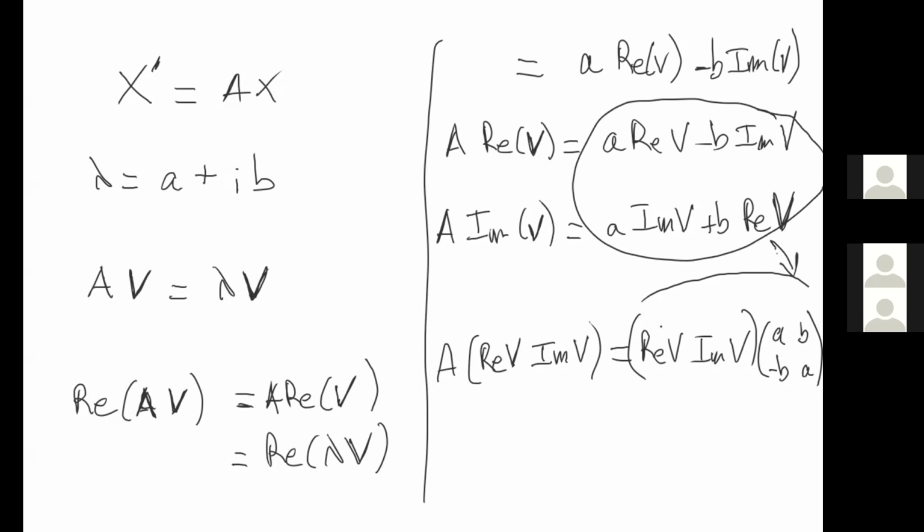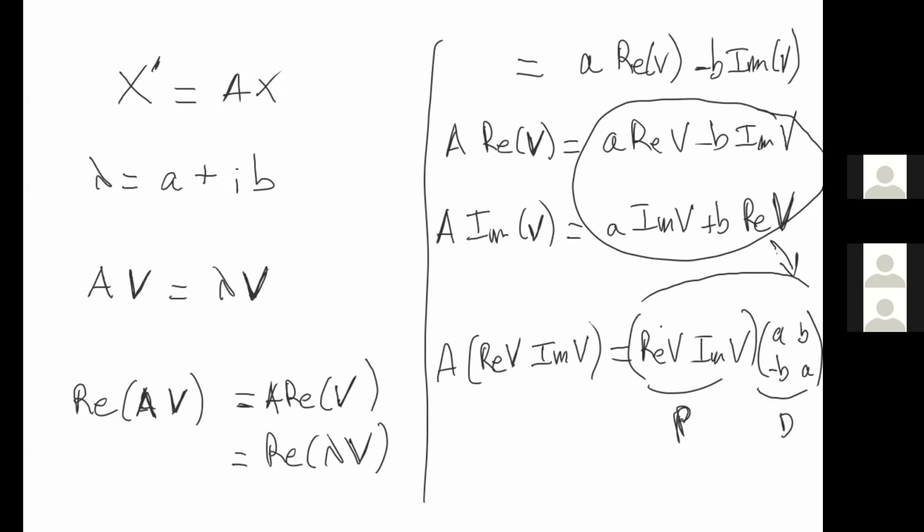All right. So now if I call this matrix D and this matrix P, where P is the matrix whose components are the real part of v and the imaginary part of v, I am now in the same situation as before, when I had two negative real eigenvalues.